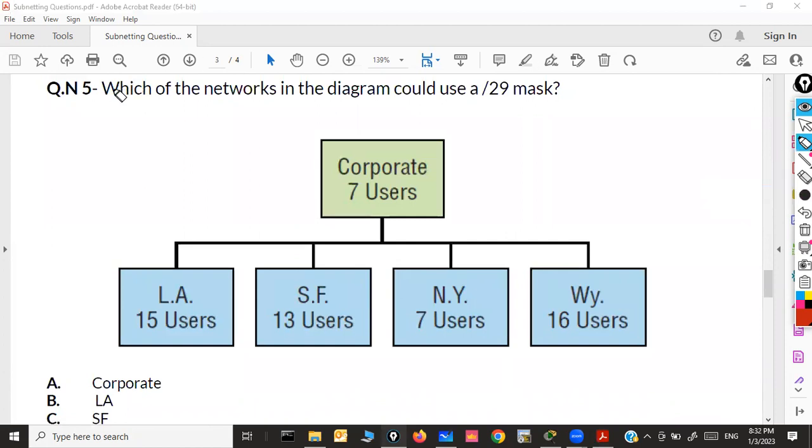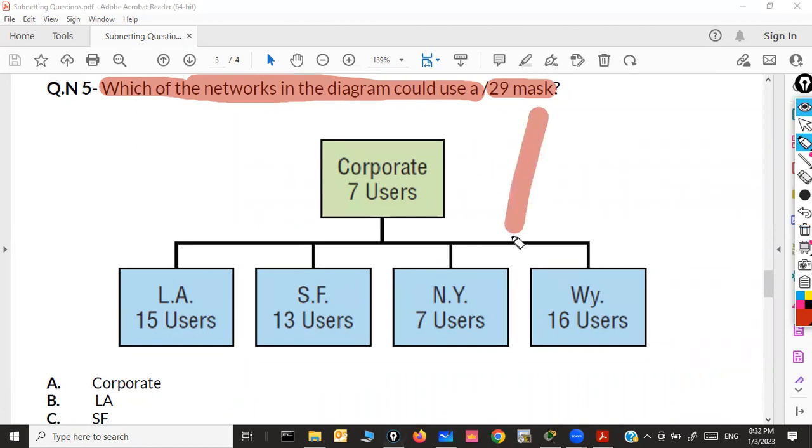Question number 5 asks: which of the networks in the diagram could use a /29 mask? So basically, if the mask is /29, how many hosts would be in that specific subnet?